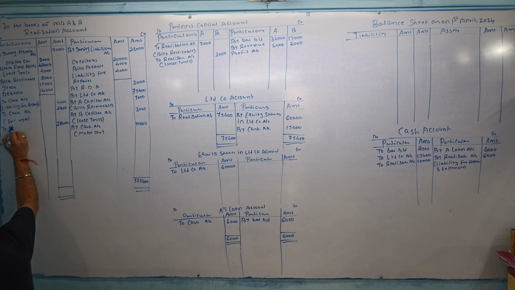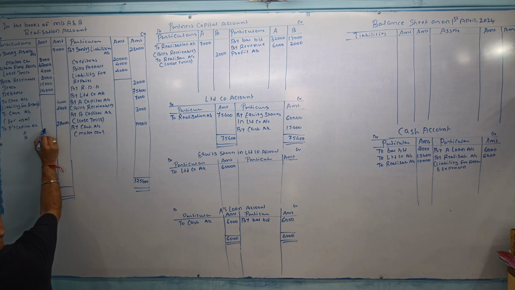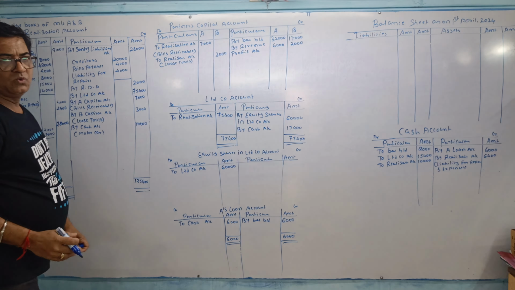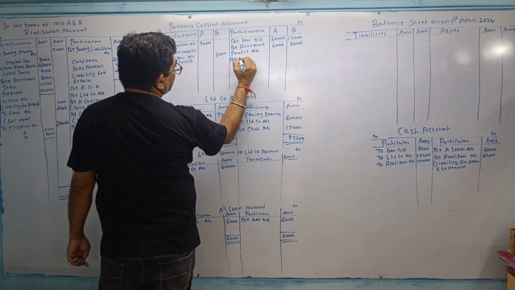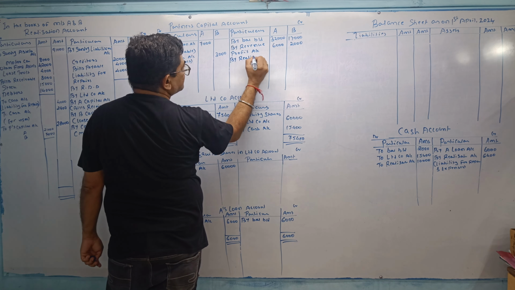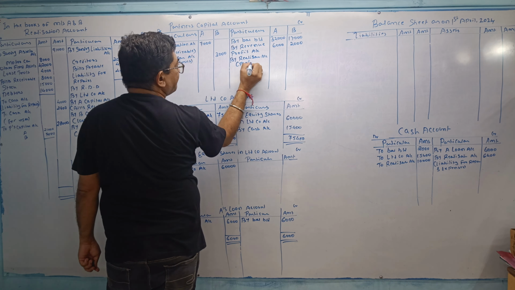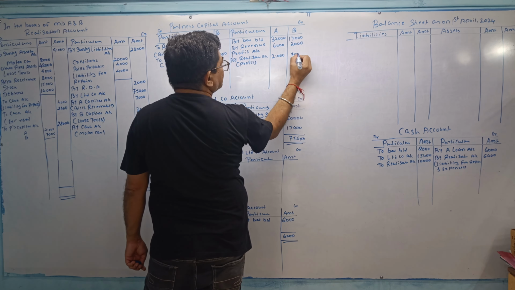To partners capital account, A and B, 21,000 and 7,000, 3:1 के ratio. By realization account, profit 21,000 and 7,000.